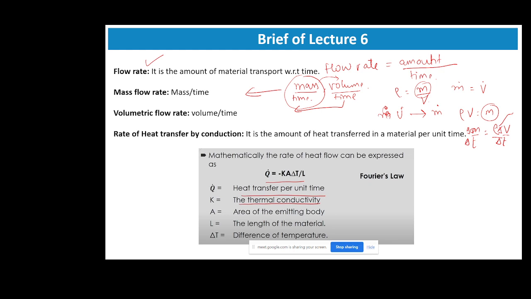So this is nothing but the volumetric flow rate into density. This is how they are related.